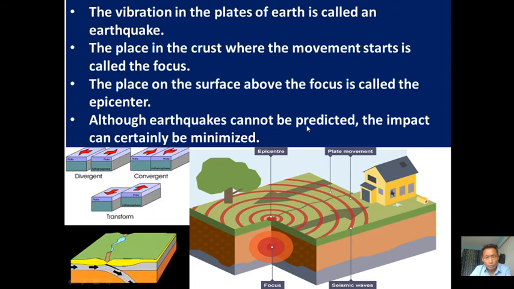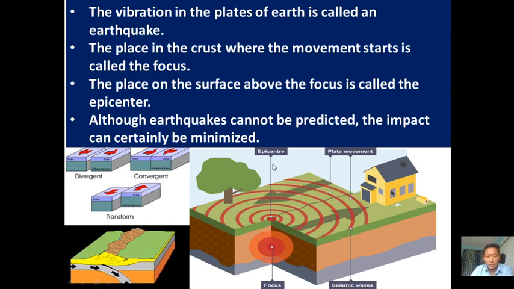Earthquakes cannot be predicted. So far we cannot predict when an earthquake will occur. Even though we cannot predict an earthquake till now, we can certainly minimize its impact.